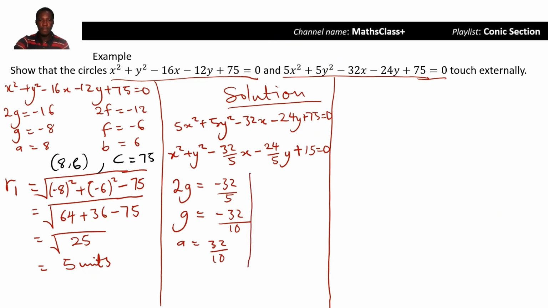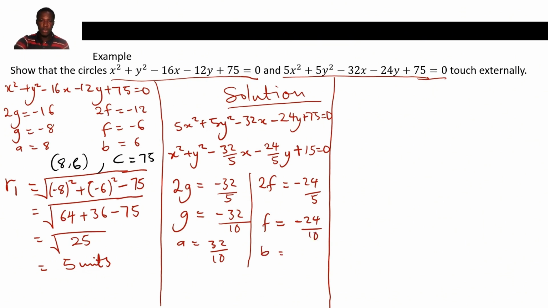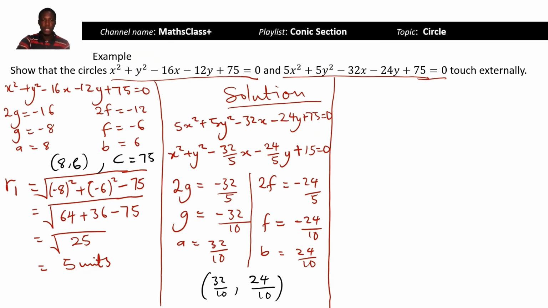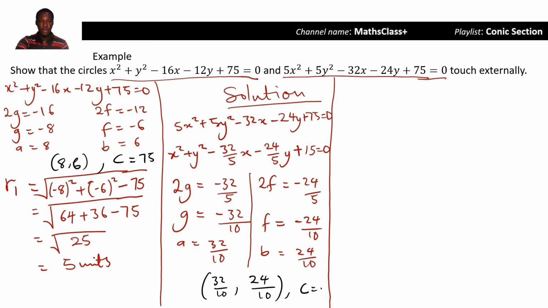Then our 2f is going to be minus 24 over 5, so our f is going to be minus 24 over 10, and my b is going to be positive 24 over 10. So the center of this circle will be (32 over 10, 24 over 10), and then the c is 15.